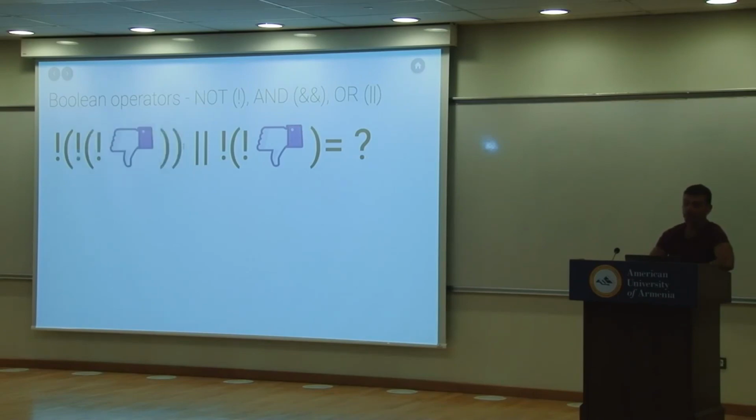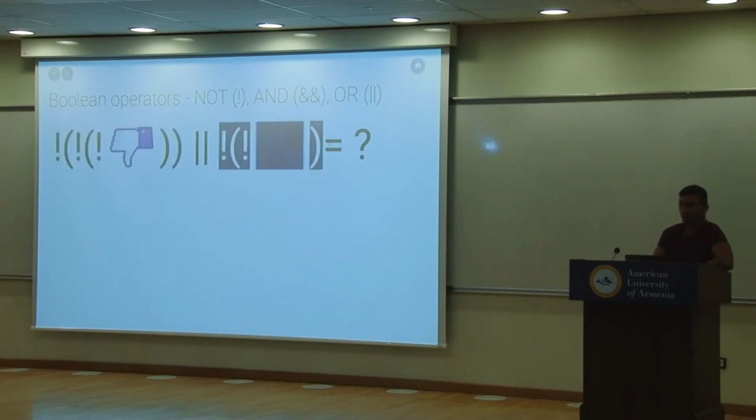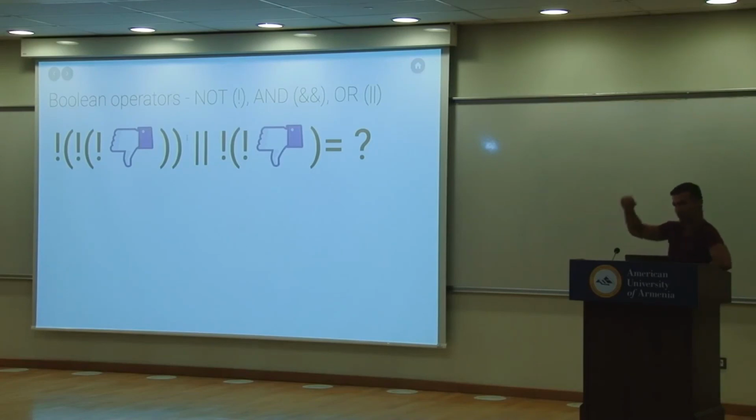Then we take that false and we flip it again and we get true. Okay, so all of this is true, right? Okay, so it's true or something else. Do we even care what this is anymore? No, because one of the sides is true, so true or anything is going to give you true. Right? But if you do care, this becomes true, then becomes false again, so it's true or false, giving you true.